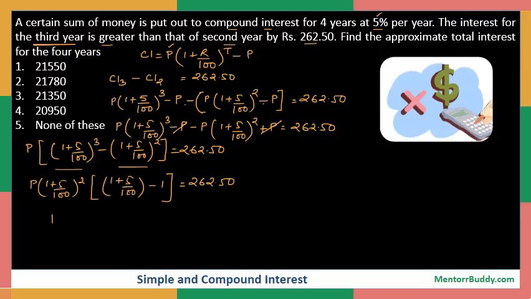262.50. So from here P is equal to, I'm just doing a quick calculation, 262.50 multiplied by, this will become 105 upon 100 whole square, and when this goes into cross multiplication it will be 100 multiplied by 100 divided by 105 multiplied by 105.